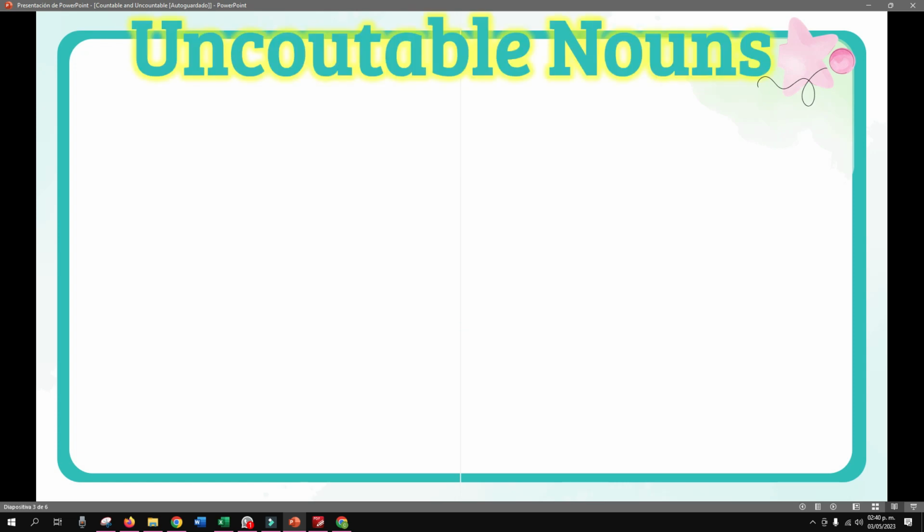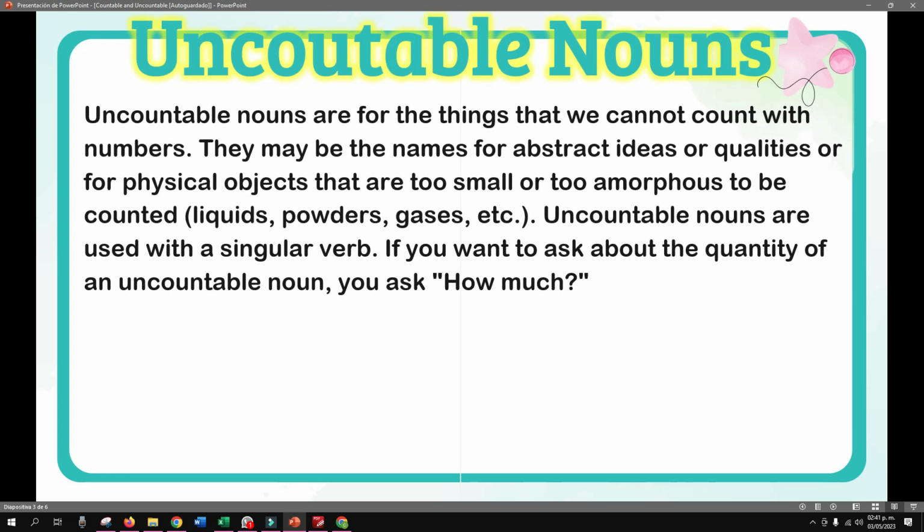What about the uncountable nouns? Uncountable nouns are for things that we cannot count with numbers. They may be the names for abstract ideas or qualities or for physical objects that are too small or too amorphous to be counted, like liquids, powders, gases, etc., right?